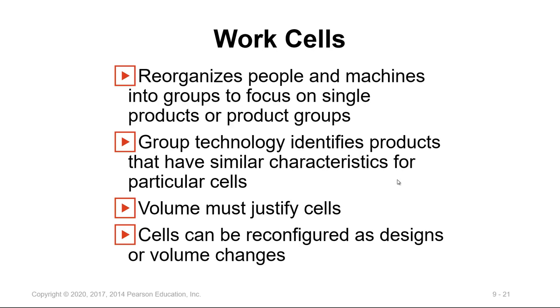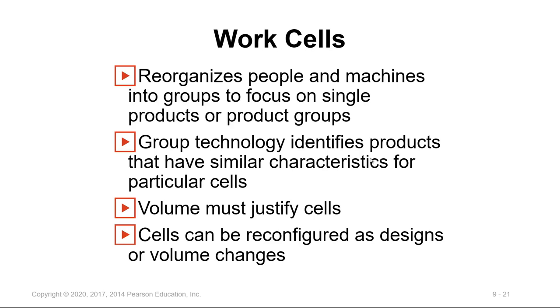In this design, group technology identifies products that have similar characteristics for a particular cell. Volume must justify the cells, and cells can be reconfigured as designs or volume change. I need to have many items that will be processed in that cell.